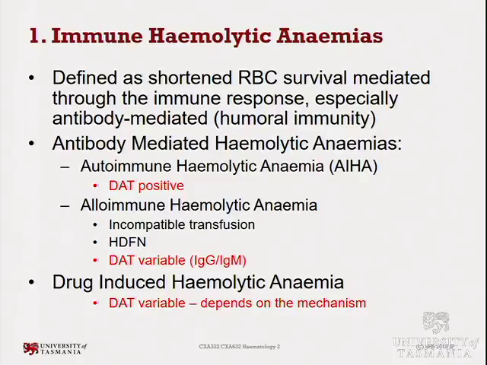In the laboratory, a really, really easy, simple test that you can do to differentiate between autoimmune and alloimmune hemolytic anemias is the direct antiglobulin test, or the Coombs test, the direct Coombs test. So you would have learned about this in any immunology unit that you've done.